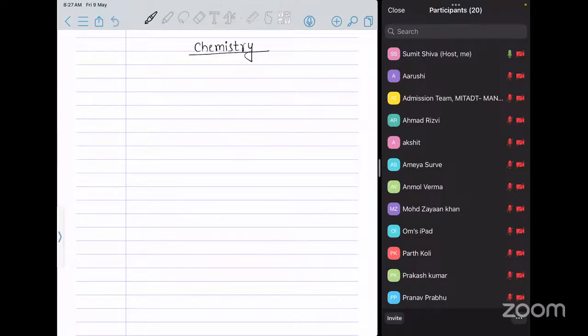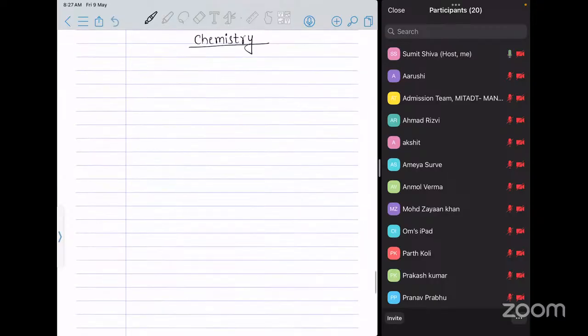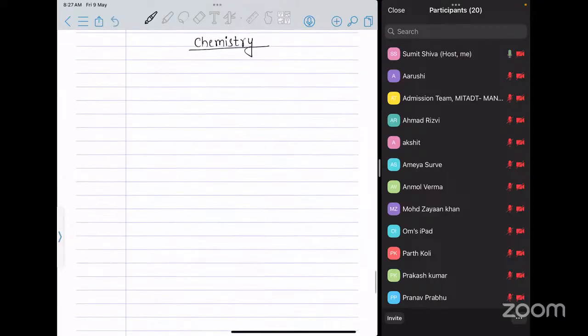In chemistry, there are lots of reactions in organic chemistry. Let's say the first reaction is halogenation.